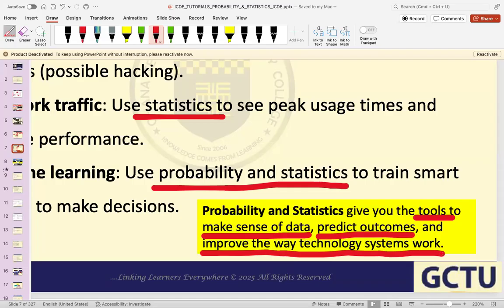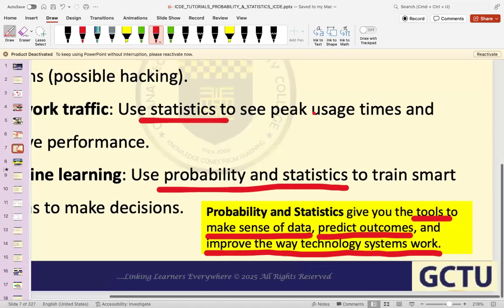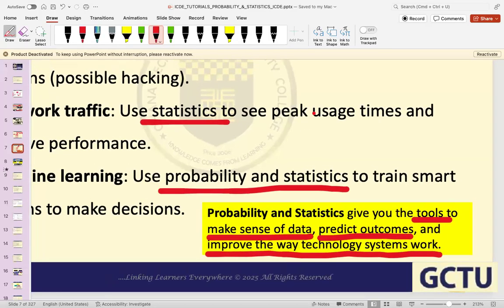If you want to understand the way technology systems work, then you have to get your fundamentals properly from probability and statistics. I'm showing you all these for you to know that we are not here to just come and do some calculations and go away.